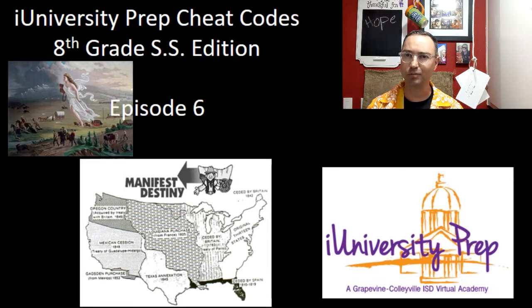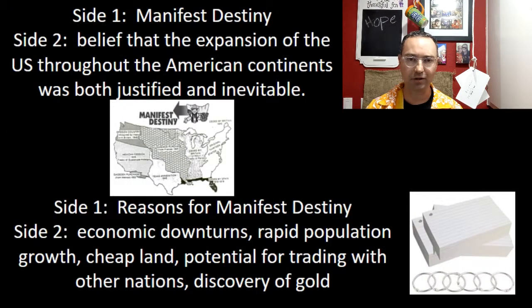But the more I look into this, there are also economic and political reasons that drove the United States to go west. We're going to talk about these as we look at our sample questions. So here are your note cards for this episode. You've got Manifest Destiny, and you can pause the video and start writing.